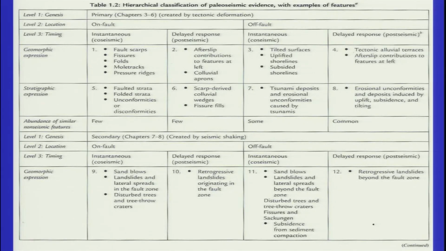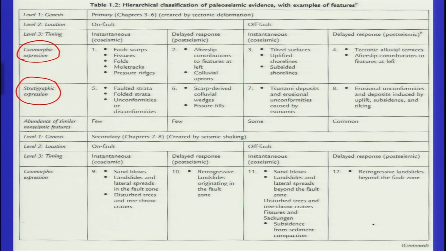In detail, if you look at the hierarchical classification of paleoseismic evidence, we have genesis, then location, timing, the geomorphic expression, and what you will see in the stratigraphy. For us, mainly we are talking about the geomorphology, that is the expression on the surface, and the signatures preserved in the stratigraphic sequence.